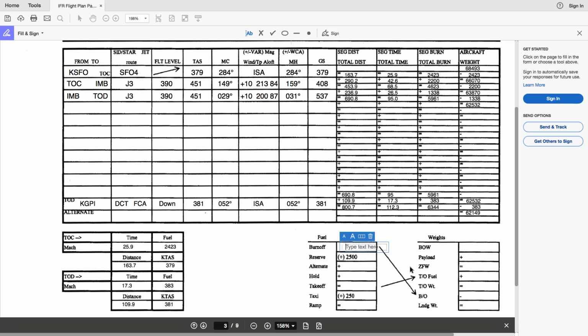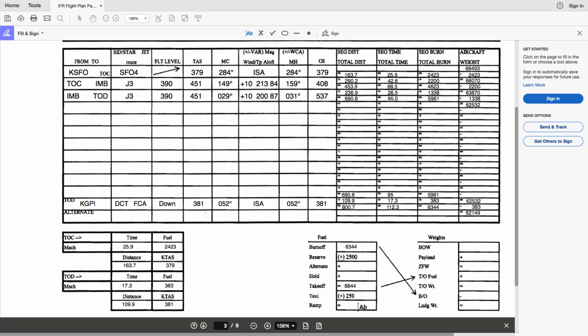Okay. Our burn that we came up with here was 63.44. Add 63.44 plus our 2,500 pounds gives us 88.44. Wait, didn't have any hold fuel. Do you go like your alternate? Oh, no, sorry. Yeah. It gives us our total here.